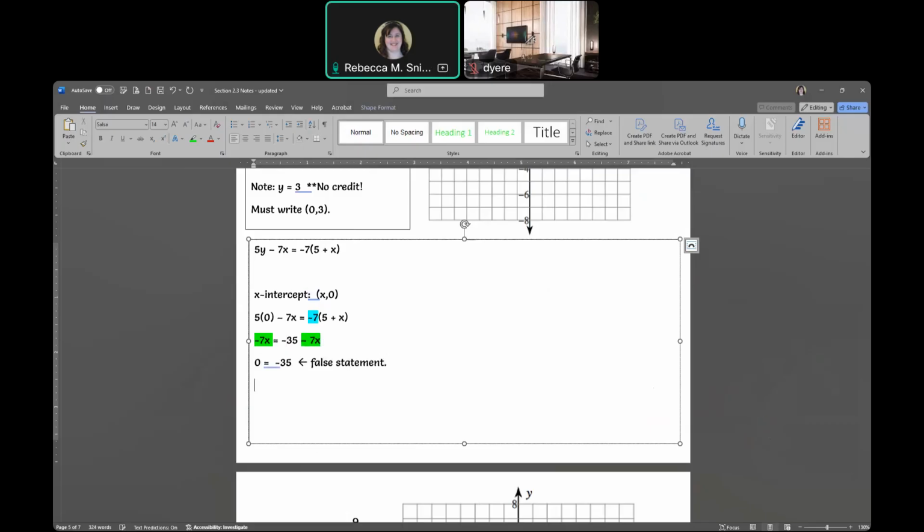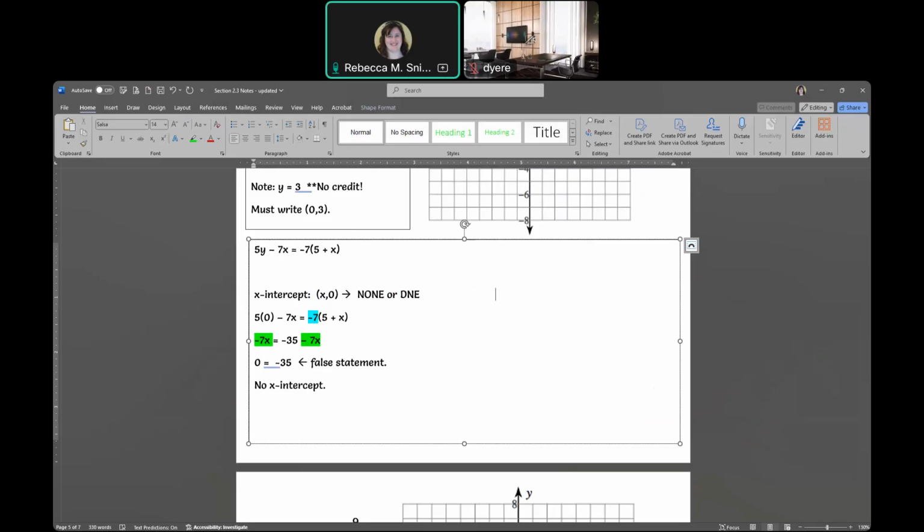What that means is that we have no x-intercept. Because of that, we wouldn't just leave it as 0. We would write this as none, or you could write it as does not exist. Either one of those would be full credit in terms of your intercept. It's purely because that x completely disappears out of the problem, and if you don't have an x value, you cannot have an intercept value.